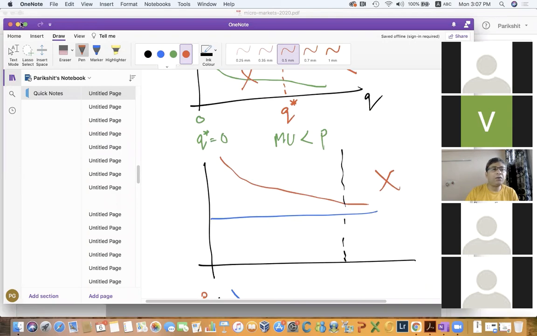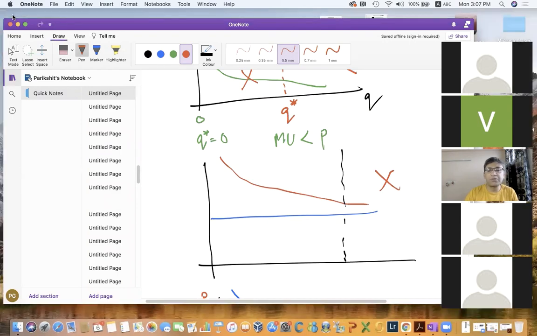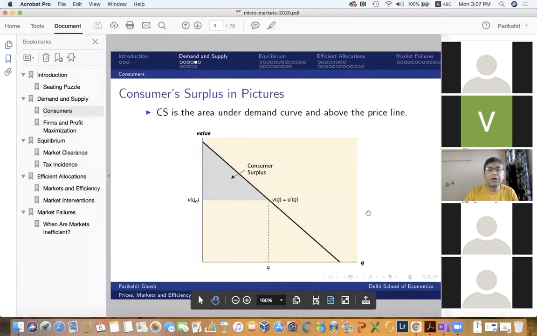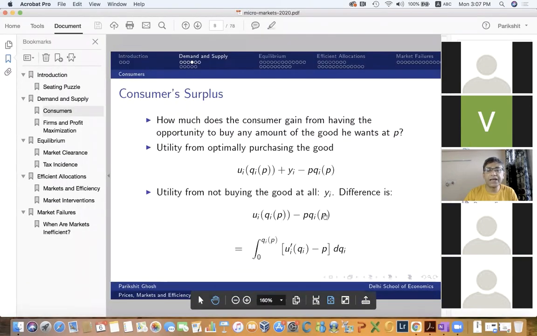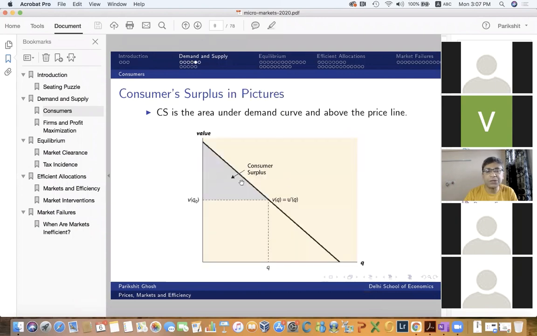Okay, now going back to this measure of welfare that we were trying to develop, what does it say? It says that welfare is the gap between marginal utility and price running from 0 to the quantity that the consumer actually buys. Okay. Now, if you come at the picture, this line, it doesn't have to be a line. This is marginal utility curve as well as demand curve, right?